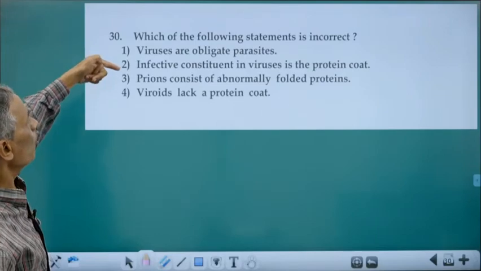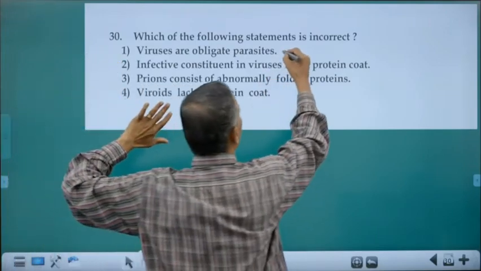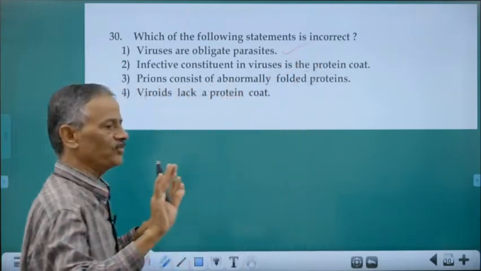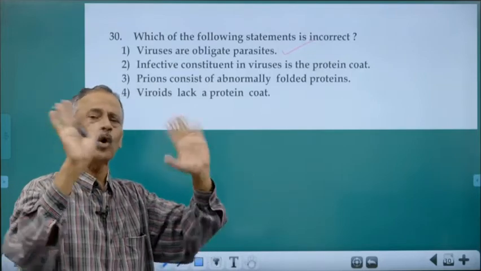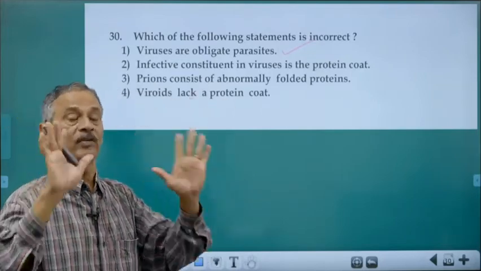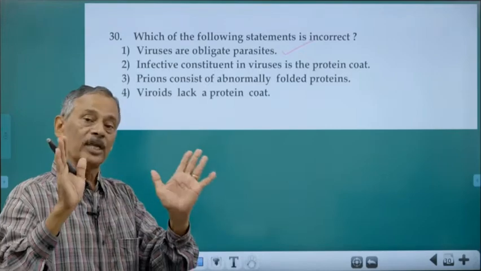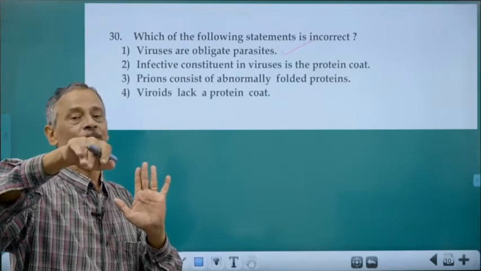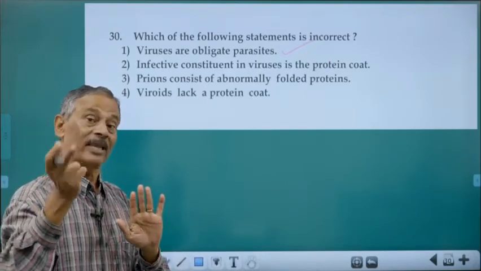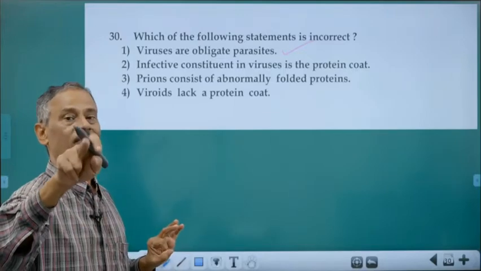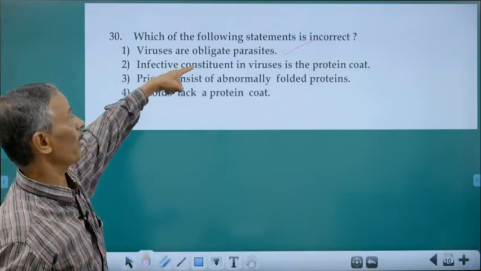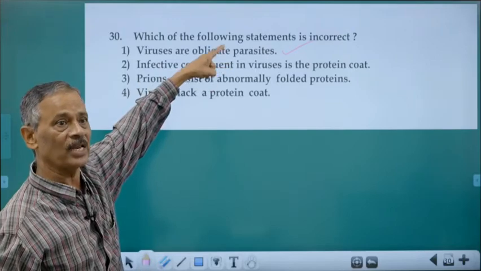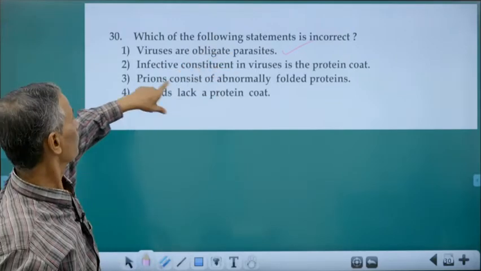Viruses are obligate parasites. They cannot live independently. Once they come out of the host cell, they show no living features or properties. They show only the multiplication process, but for that, they have to depend upon a host. That's why they are called obligate parasites, in either a plant cell, animal cell, or a bacterium.